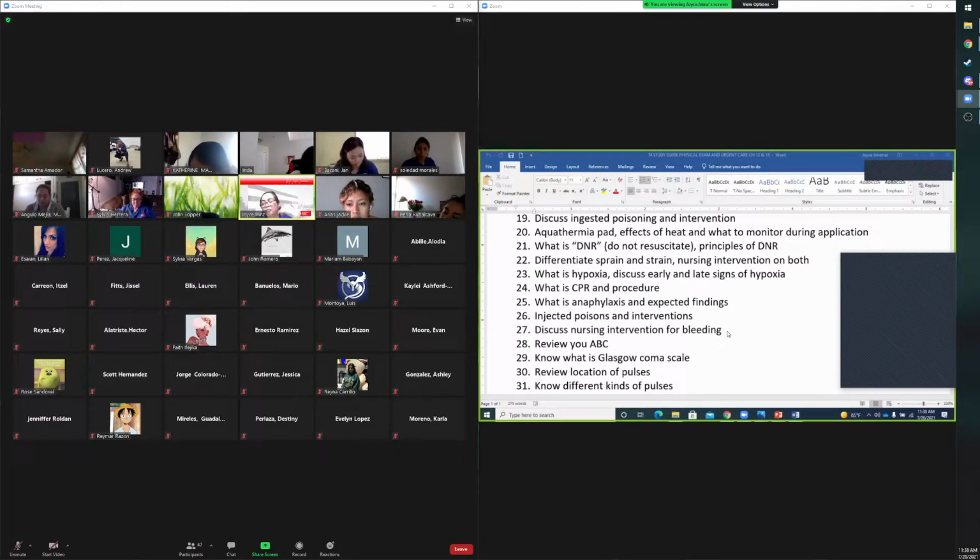It's the same. Rest. Protection, you don't want to move that part, okay? You want to rest the part. So you mentioned a sprain is for joint and a strain is for what?